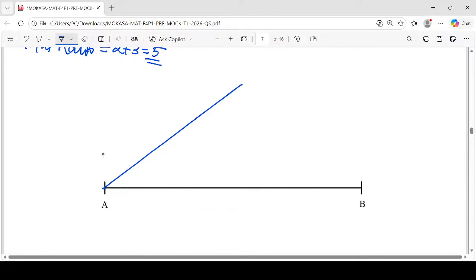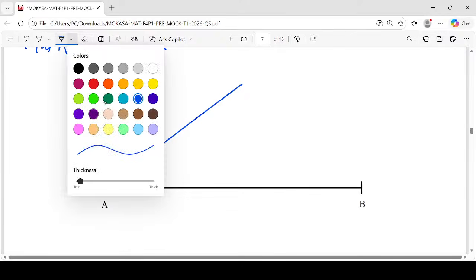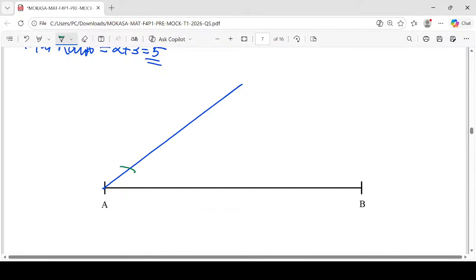I'll stand at this particular point, then make cuts of equal intervals along this line I've drawn. I'll make 5 cuts, 1, 2, 3, 4, 5. I have to ensure those cuts are of equal intervals.